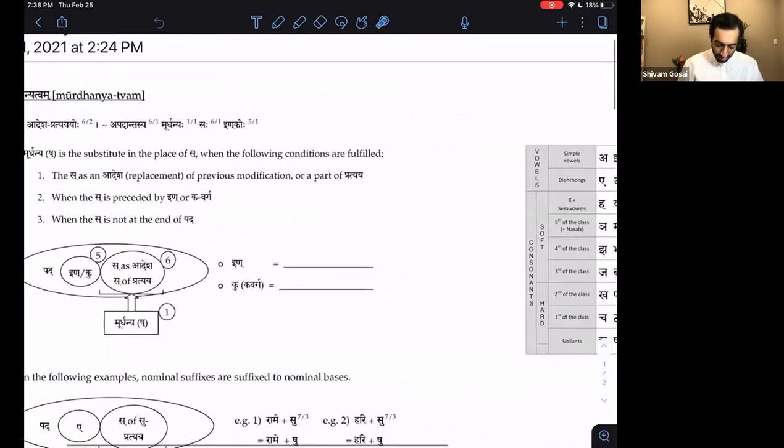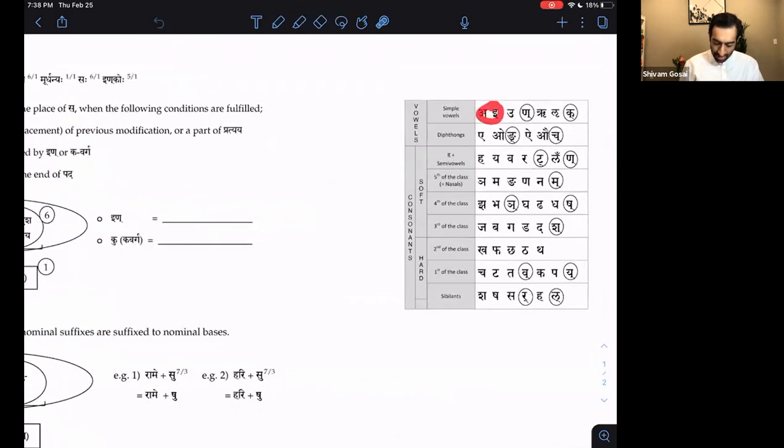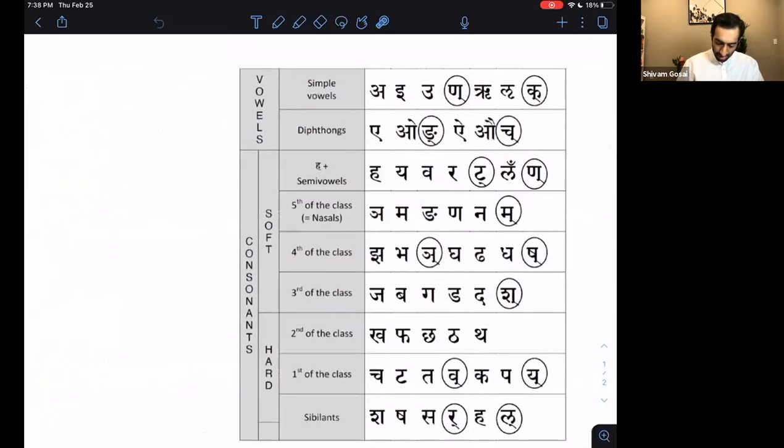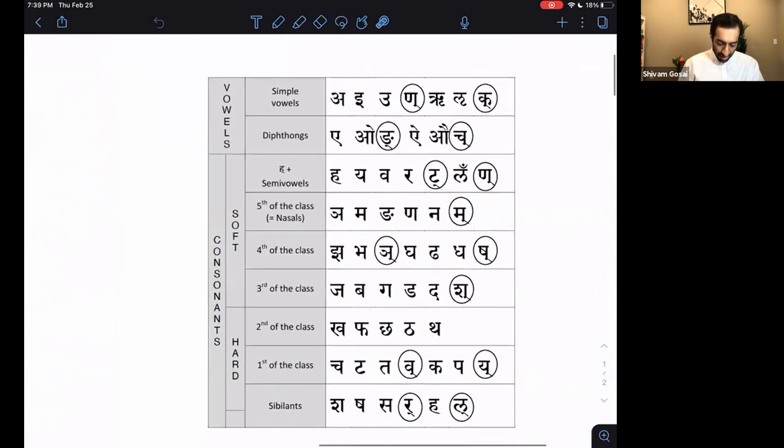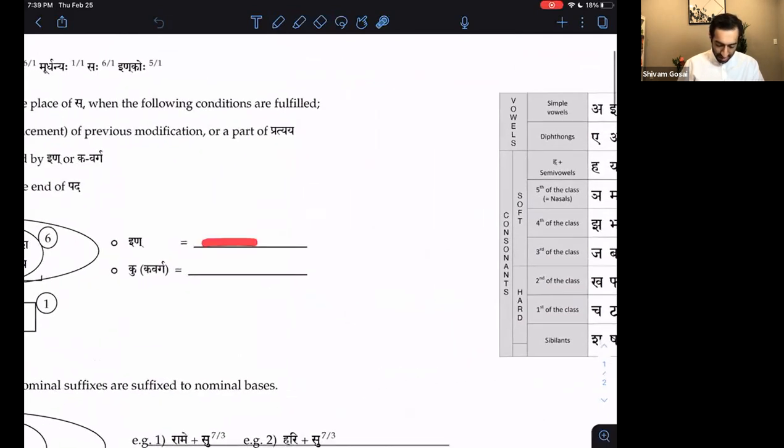So what's in and what's ku? We saw that in includes the second nakara here. So it's all of these vowels plus these semi-vowels, including hakara. So you can write: vowels plus semi-vowels plus ha is in.